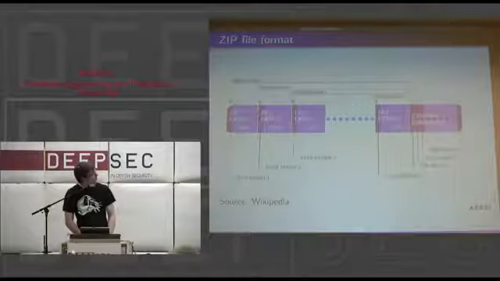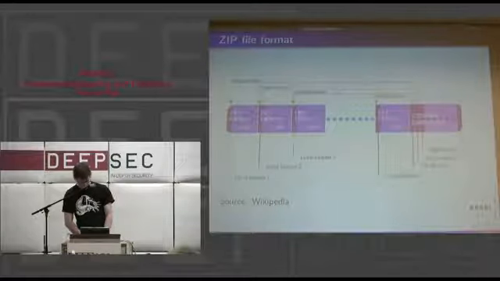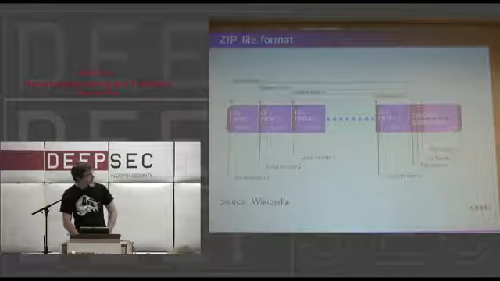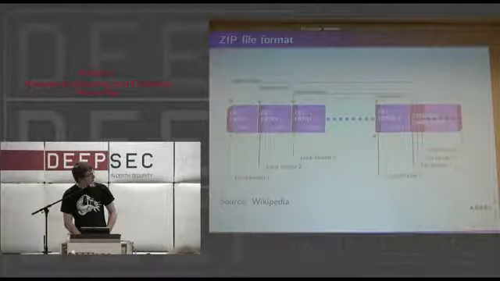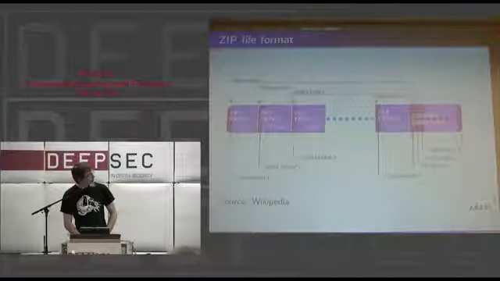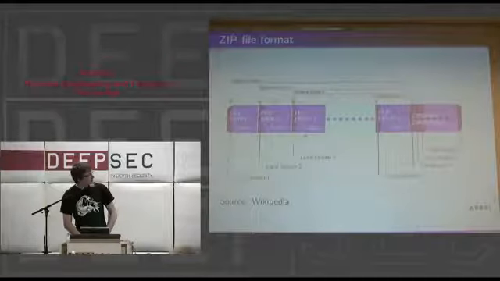Here, this pointer says, okay, we got n files in this archive, so the data starts here. And afterwards, you got file entries, one for each file, which say, well, the file is at this offset.